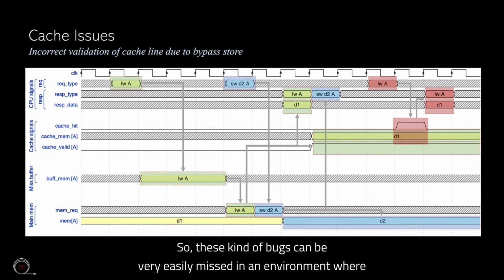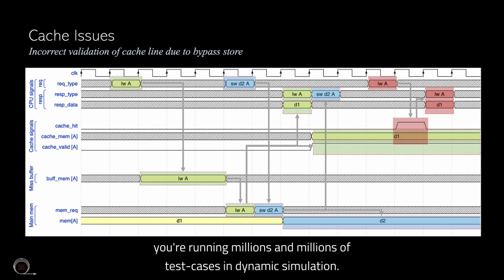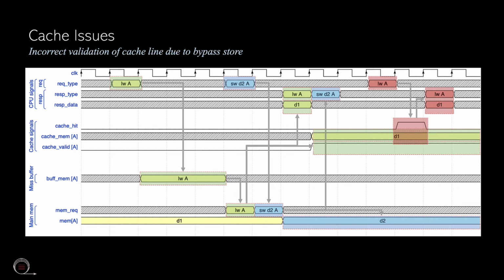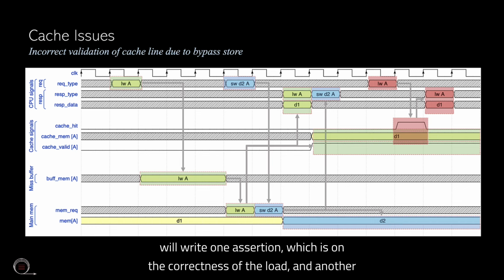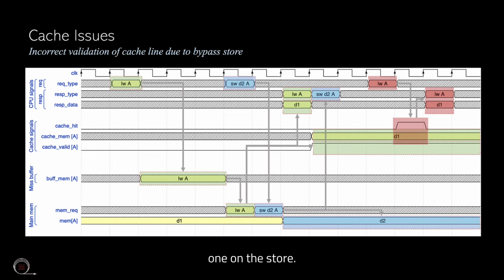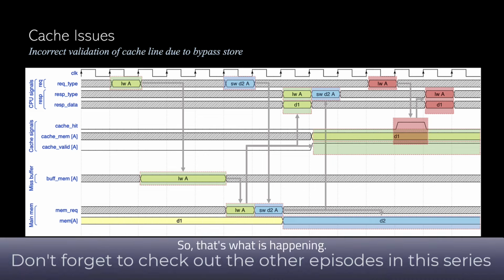These kinds of bugs can very easily be missed in an environment where you're running millions and millions of test cases in dynamic simulation. With formal, we can catch these bugs really easily because we will write one assertion on the correctness of the load and another on the store, and they will catch these bugs. So that's what is happening.